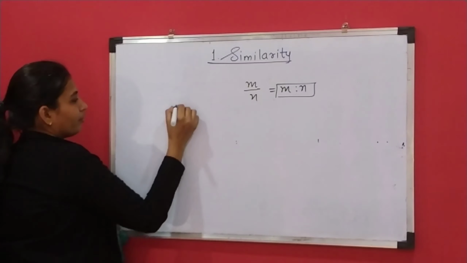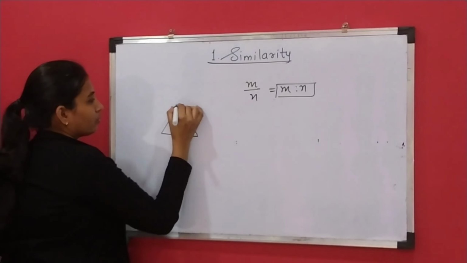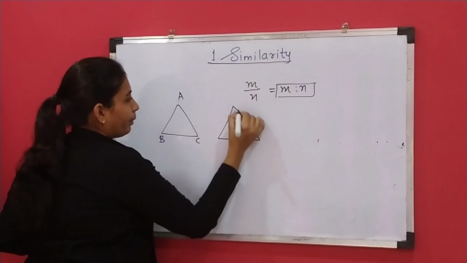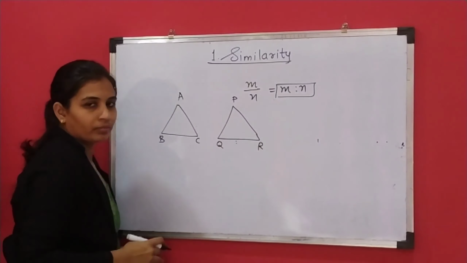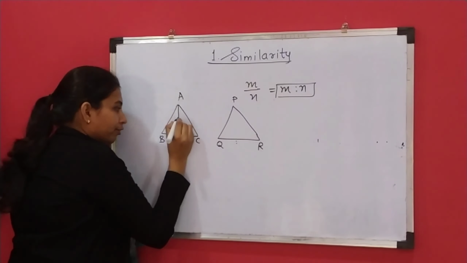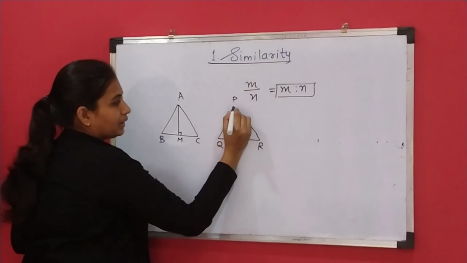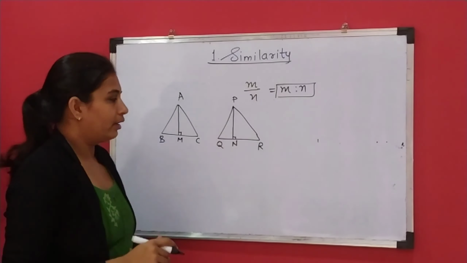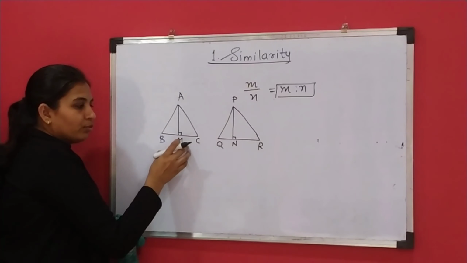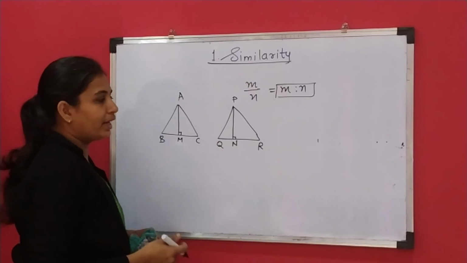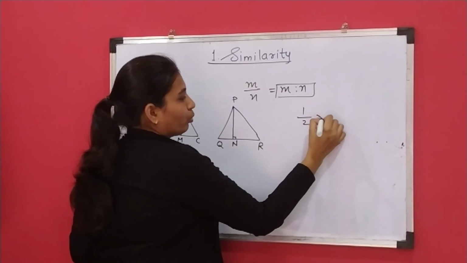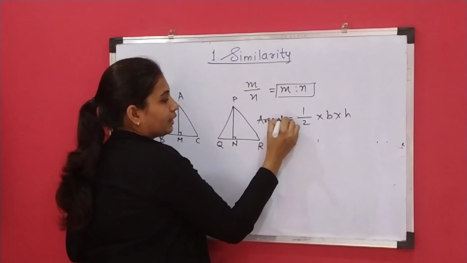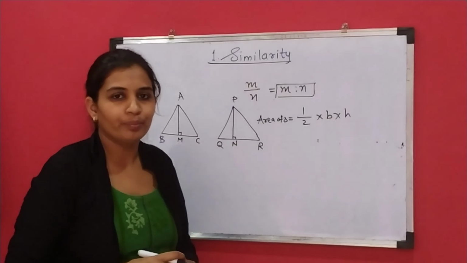Similarly, if we have two triangles ABC and PQR, and AM is perpendicular to side BC and PN is perpendicular to side QR, and we have to find the area of both triangles, we can find it by 1/2 into base into height. Area of a triangle is equal to 1/2 into base into height.